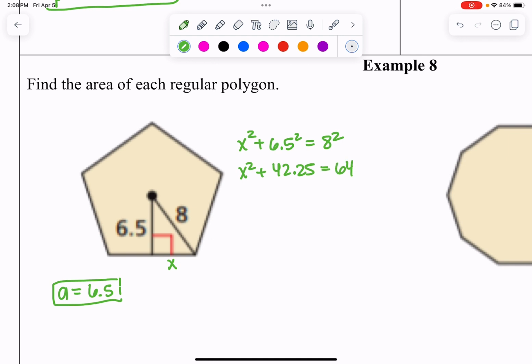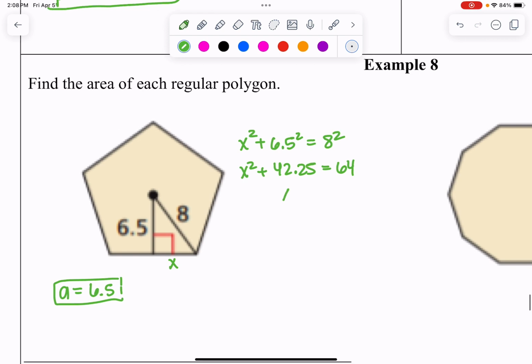Subtract that 42.25 from both sides. And so x squared is equal to 21.75. And take the square root of that. And so x is equal to the square root of 21.75, which comes out to 4.66 and change.